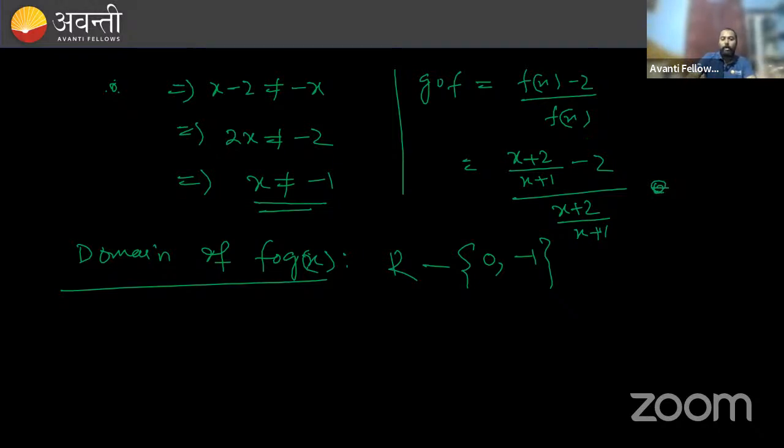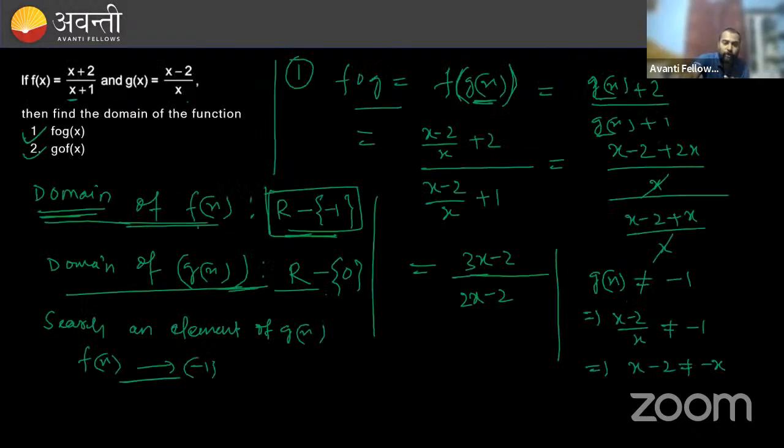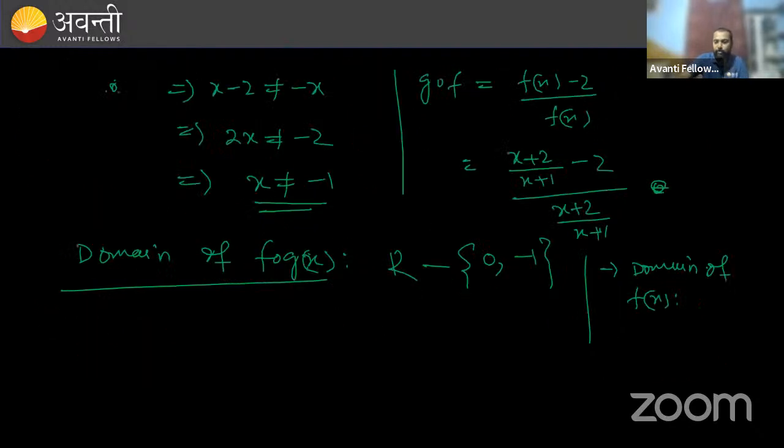So how we can find the domain? So first rule is, for domain of GOF, find first domain of f. Domain of f already we got, that is r minus minus 1, and then find domain of g. Domain of g of x, that is r minus 0. So how we can find domain of GOF?